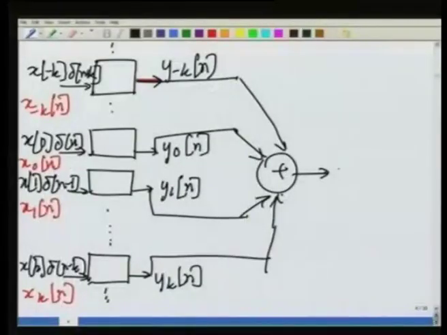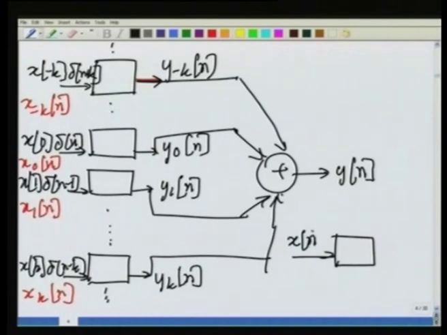So, here I should still get y n, which is to say that this entire experiment with so many blocks and components and connections amounts to the same as just having one single system, applying x n, the original undecomposed signal, and obtaining y n.